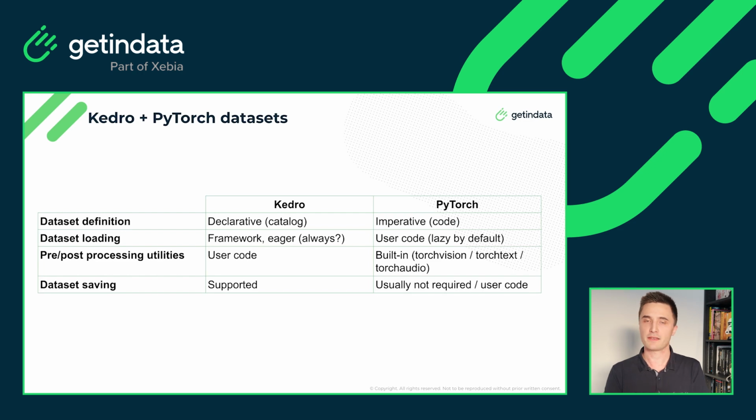And next thing, the pre and post processing. In Kedro, because there are no abstractions for that, you are actually running Kedro nodes to preprocess any kind of data that you want to. And in PyTorch, the datasets are usually created and implemented in a way that they accept some kind of parameters that allow you to plug in some custom behavior.